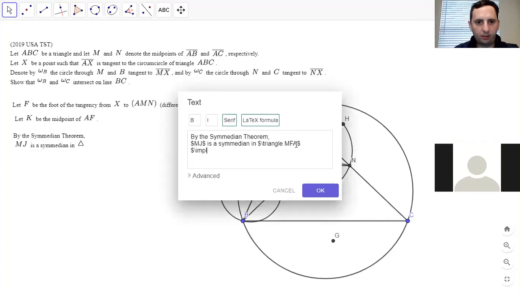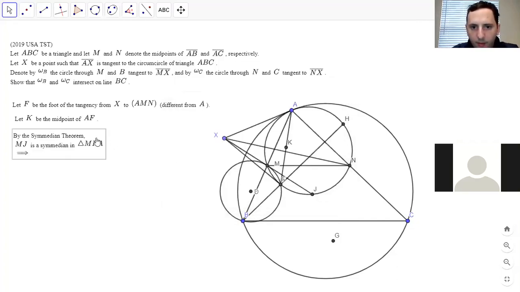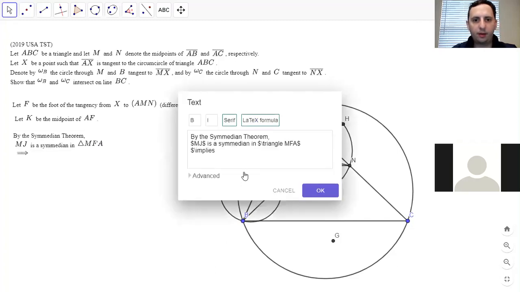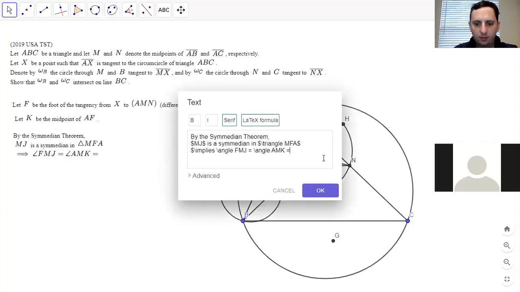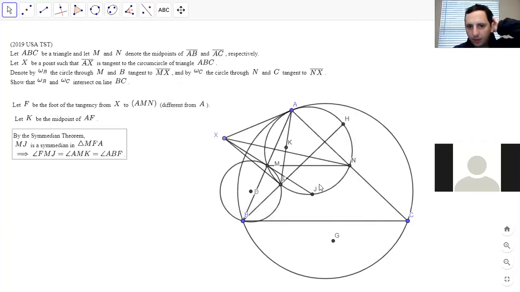And that means that angle FMJ equals angle AMK, which is equal to angle ABF, and so that implies that XM is tangent to BMF.